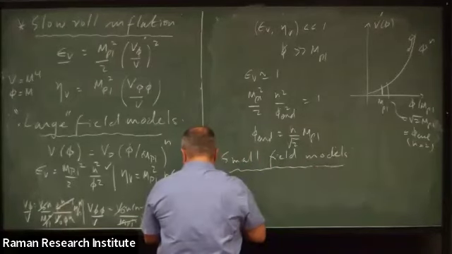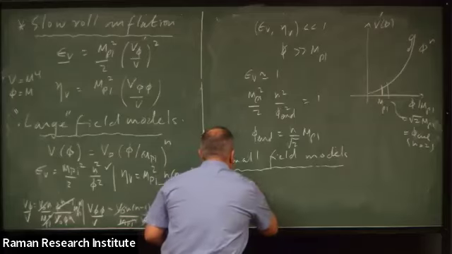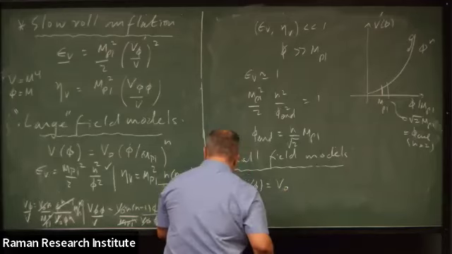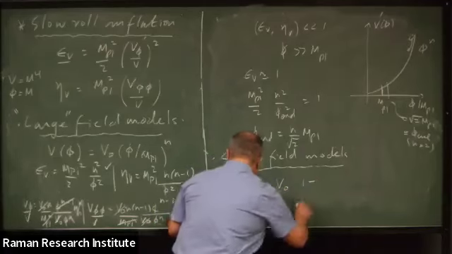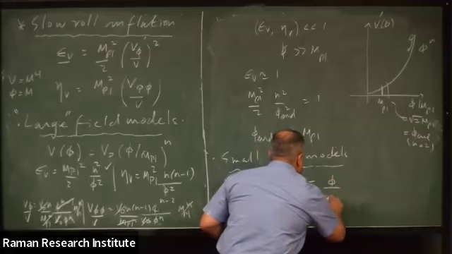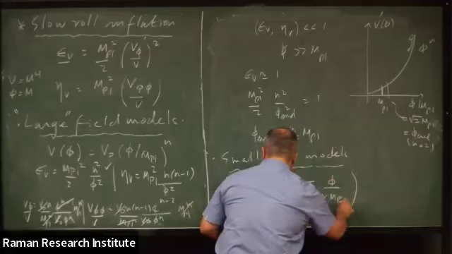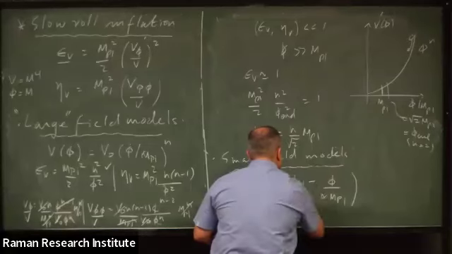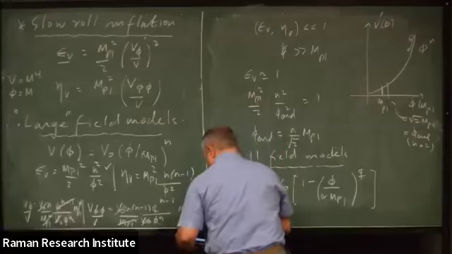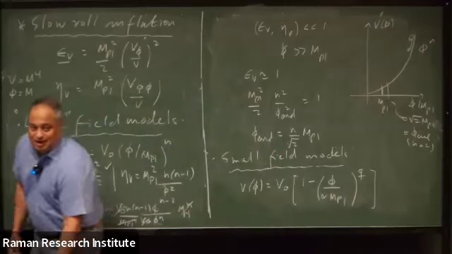These happen to be potentials of the following form. Just bear with me. V of phi is some V naught, 1 minus phi by some alpha MPL, power q.